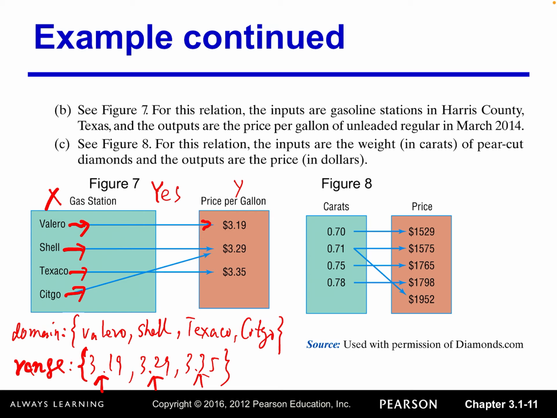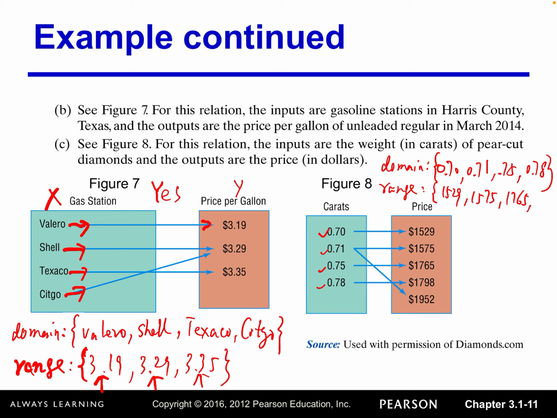So let's see figure 8. What is the domain? 0.70, 0.71, 0.75, 0.78. That's 4 elements in x. The range: 1529, 1575, 1765, 1798, 1952.